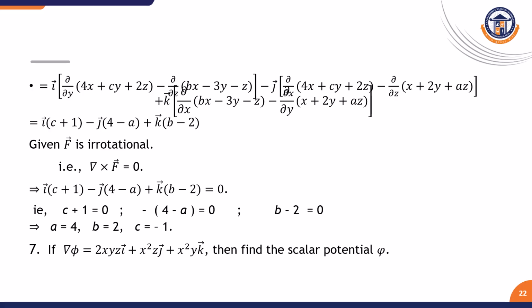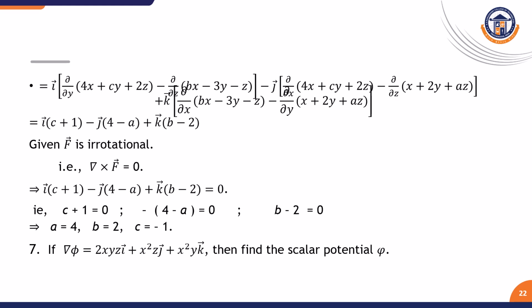Del cross f vector we write as I vector c plus 1 and so on, which is equal to the right hand side 0. 0 means we write it as 0i plus 0j plus 0k. We compare the coefficients of i on both sides, j on both sides and k on both sides. So we get a is 4, b is 2, c is minus 1. So we found a is 4, b is 2 and c is minus 1 using the irrotational concept.